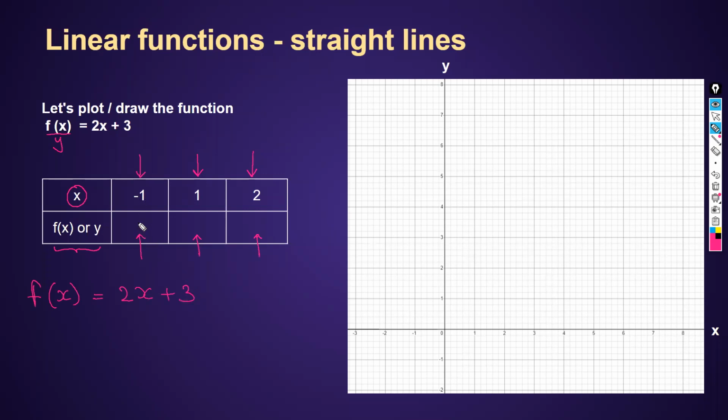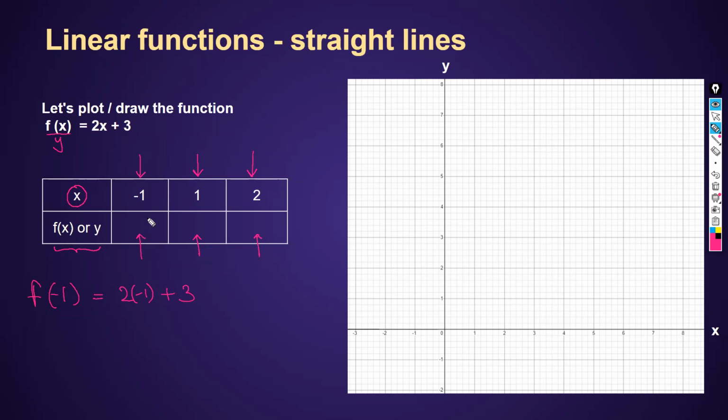Over here, we are pretending x is -1. So guess what we're really doing? We're trying to find f(-1). You all remember what f(-1) means? It means you're going to the function, and wherever you see the letter x, you throw it away and replace it with -1. And you work this out and you'll get the corresponding value here.